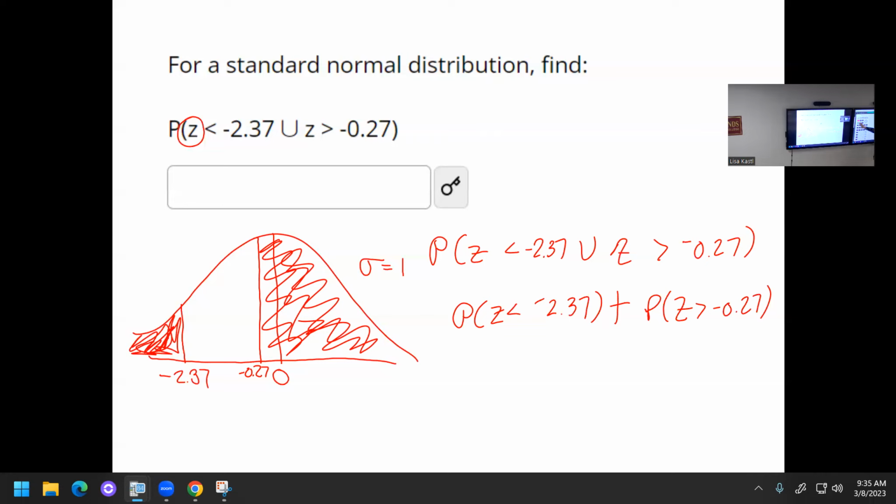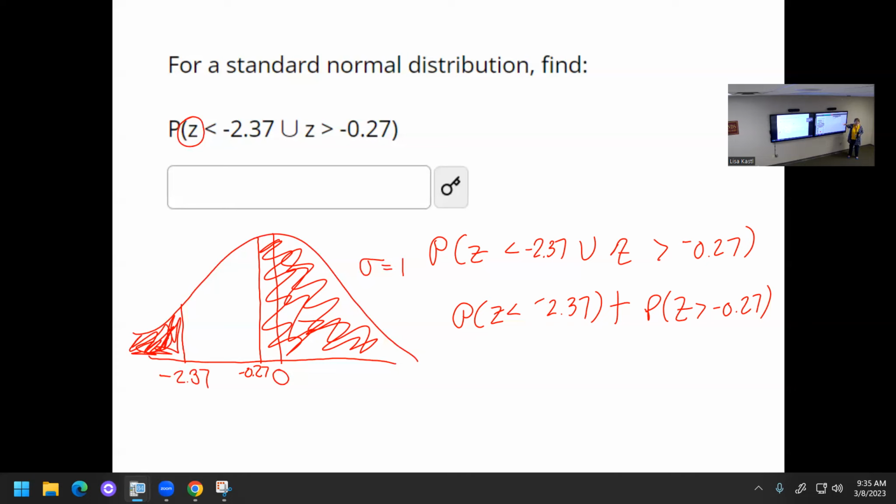So I'm going to go second distribution, and I'm going to do number 2. The distribution defaults to the standard normal. It defaults to finding the areas under the curve for Z's. And how do I know it defaults to the standard normal? Because the mean is 0 and the standard deviation is 1.